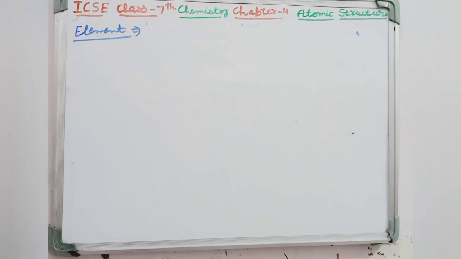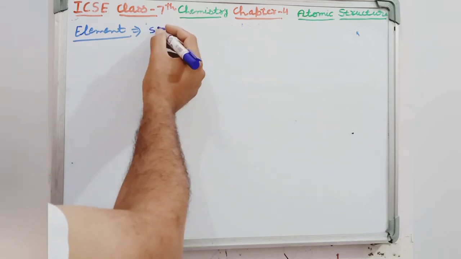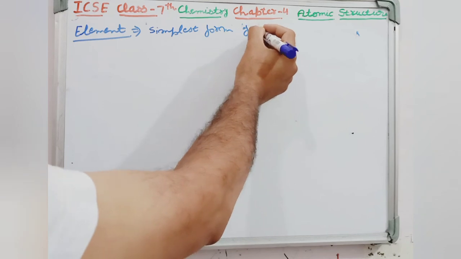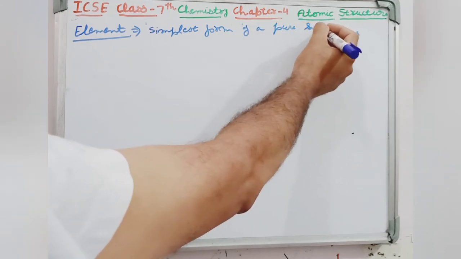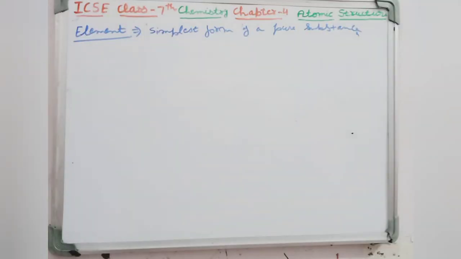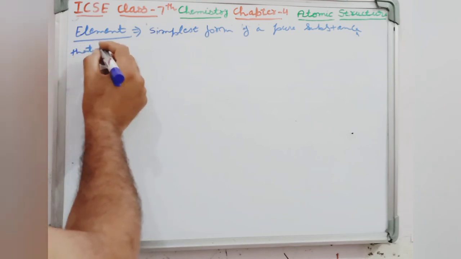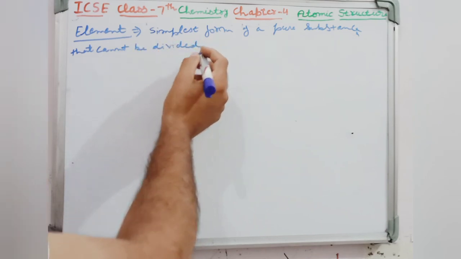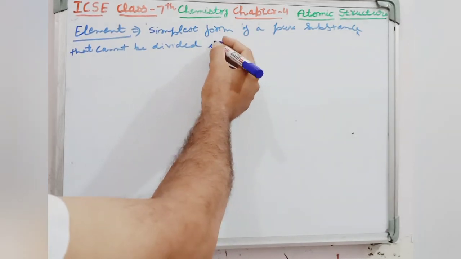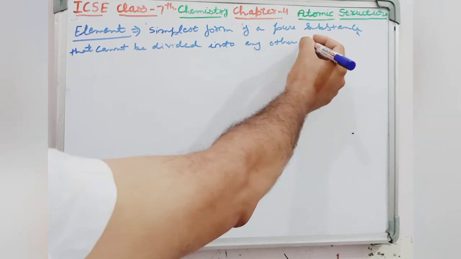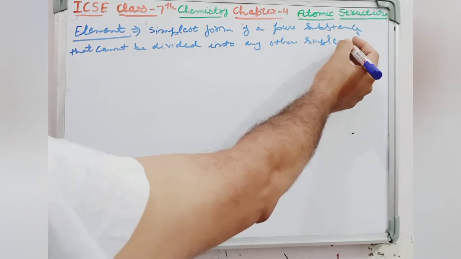An element is the simplest form of a pure substance that cannot be divided into any other simpler substance.